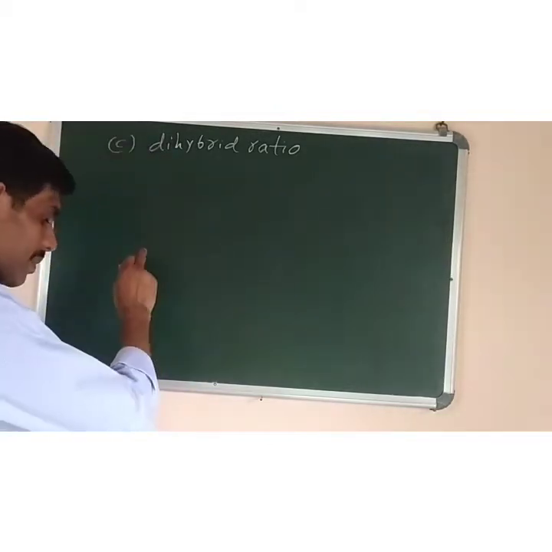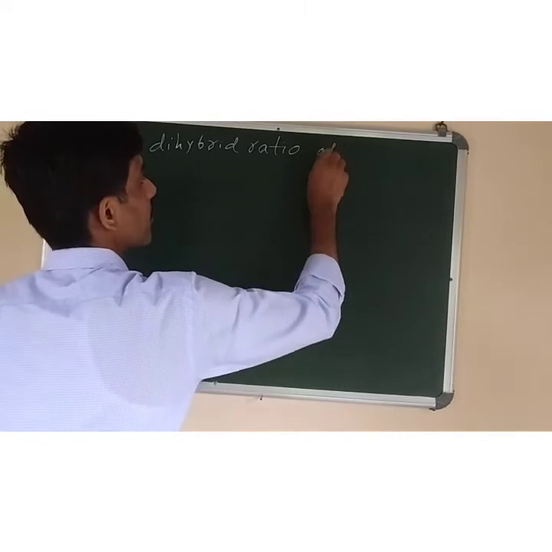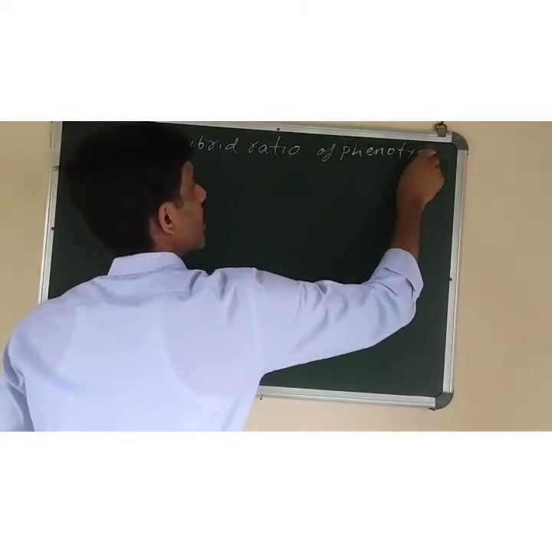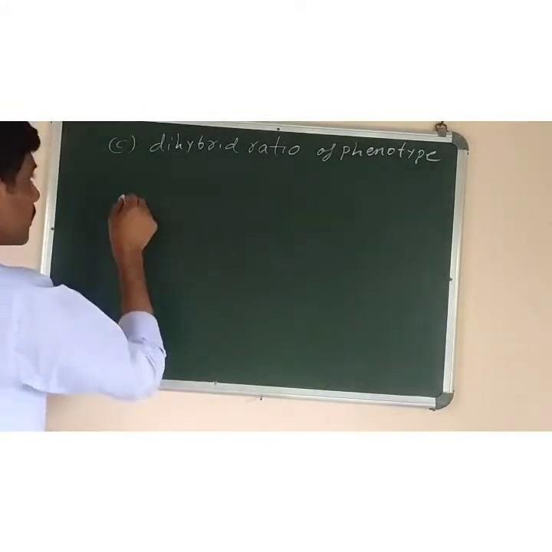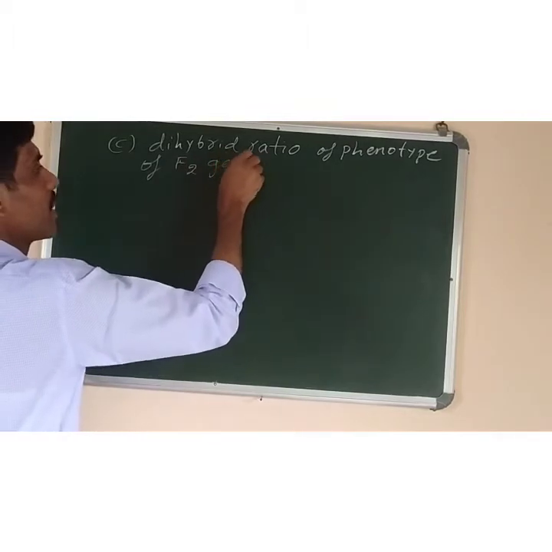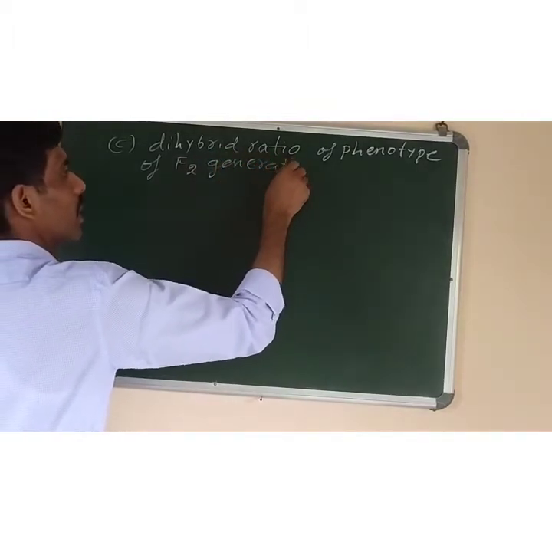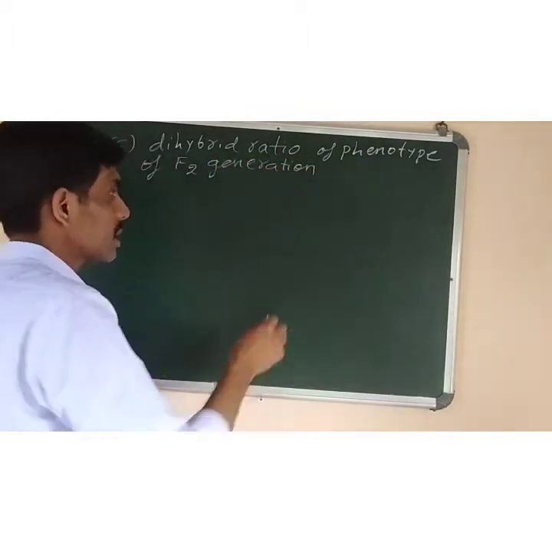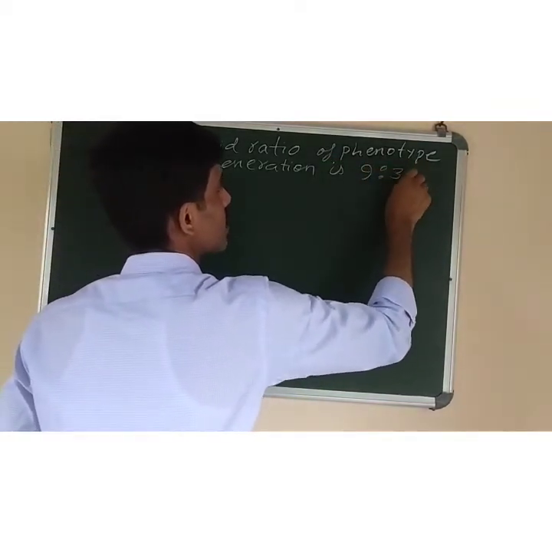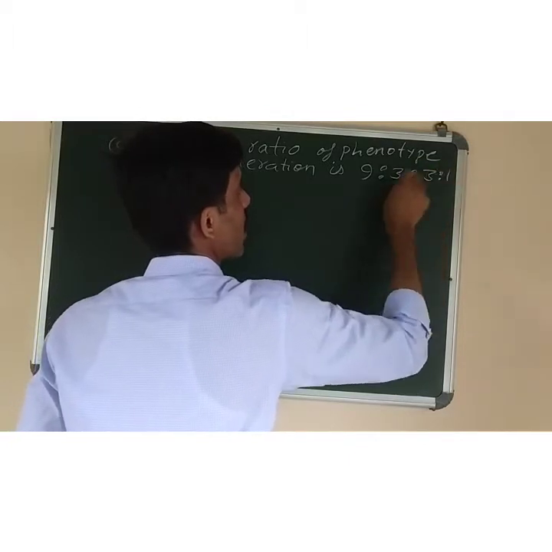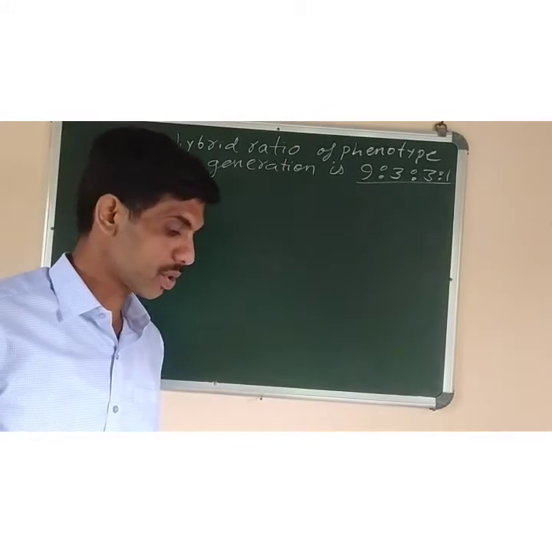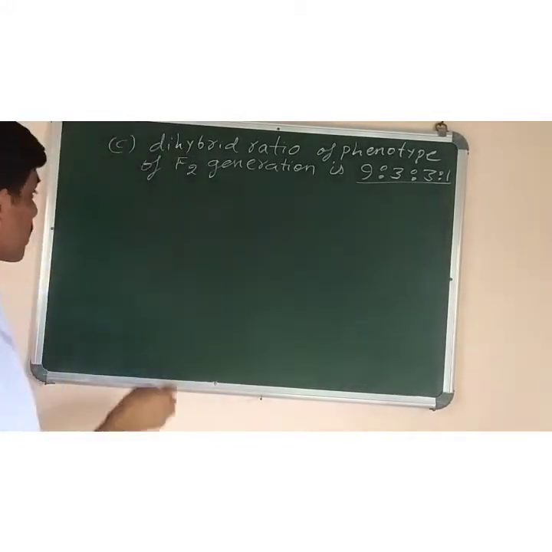So answer is dihybrid ratio of phenotype of F2 generation is, what is the dihybrid ratio? It is 9:3:3:1. So this is the ratio we have to write in the answer. 9:3:3:1.